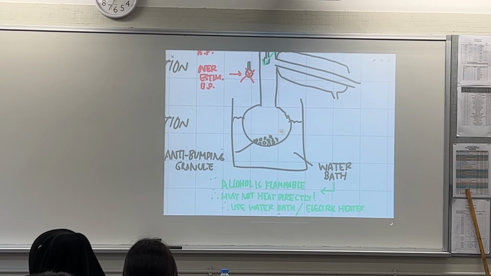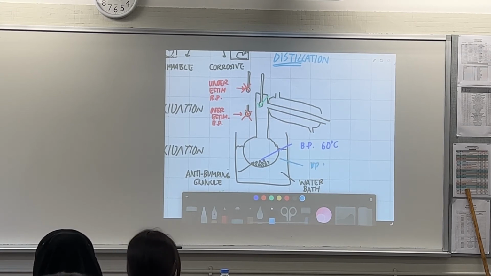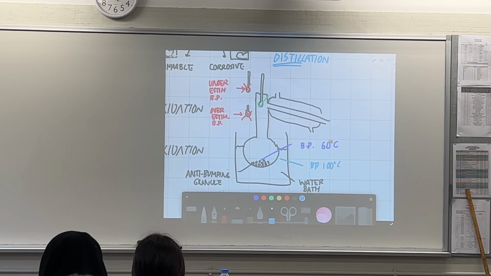So if the substance you're boiling has a boiling point above 100, don't use a water bath, because the water will be long boiled before the substance can even boil. Let me give you an example. Let's say this substance has a boiling point of 60; then a water bath is fine because the water will not boil when this substance boils. But what happens if this substance has a boiling point of 260?